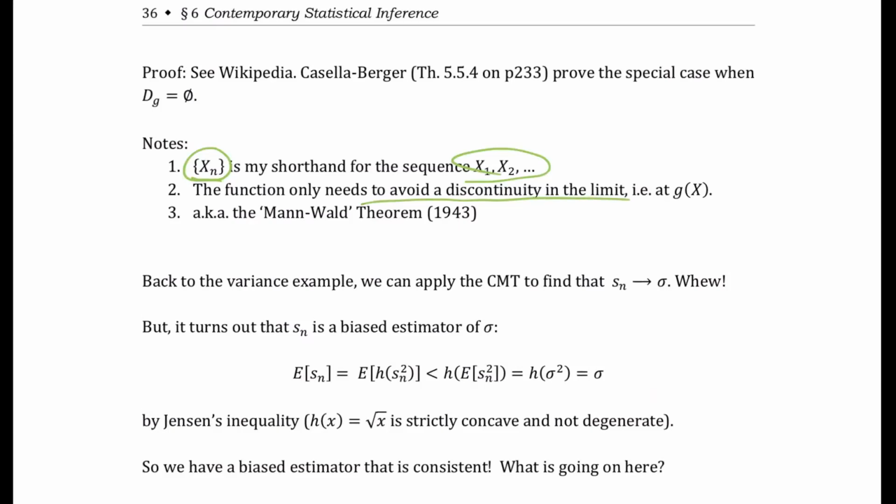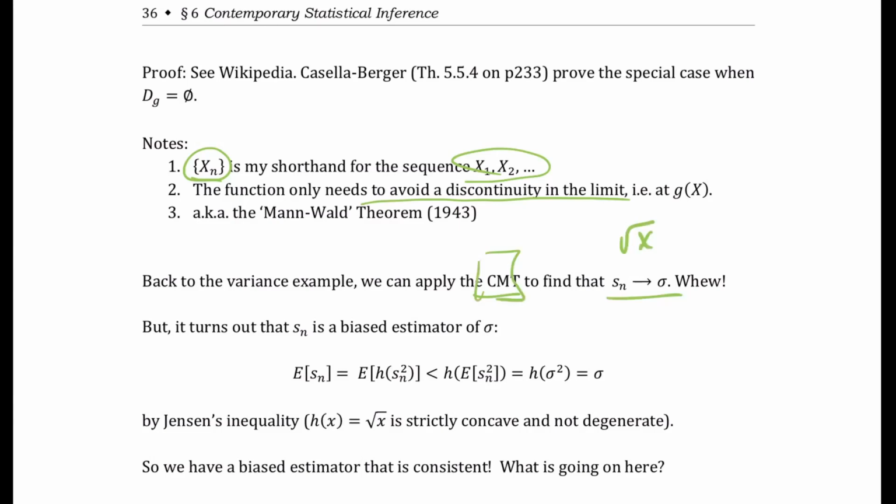So that means you just need to end up at a point in the function that's not discontinuous. That means if you come down the function, you come up the function, you end up in the same spot. This is called the Mann-Wald theorem. And so back to the variance example, if we apply the continuous mapping theorem, we get this because the square root is nice and smooth.